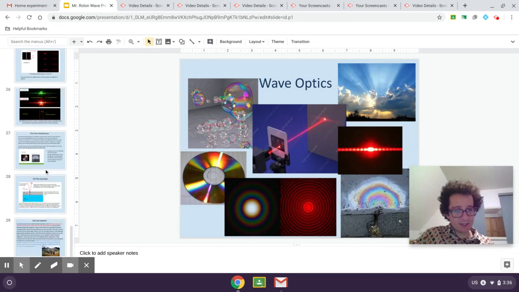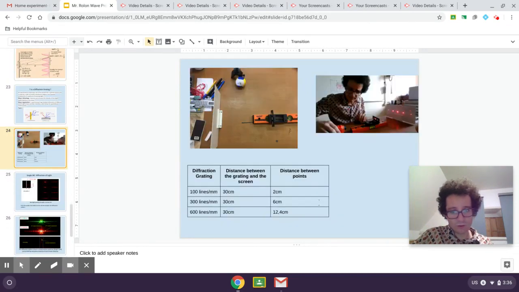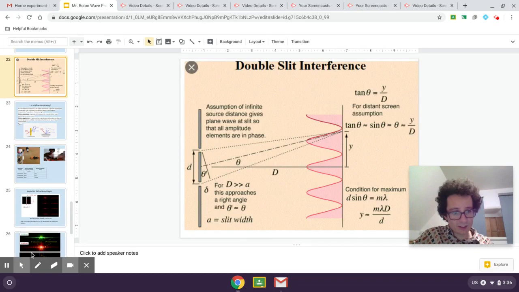And you also have as homework to find the wavelength of the light I used here. You have to use again this equation. You have to find the angle using this equation here. And well, you know everything.